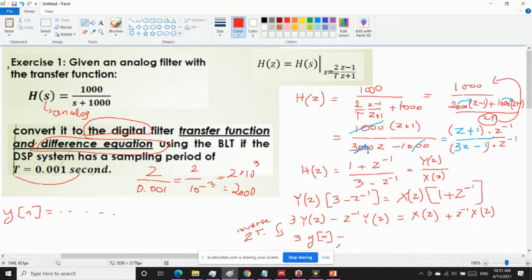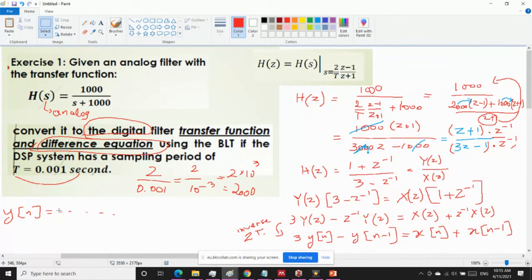See why we had to convert to negative? We multiplied by this to make the powers negative so we can apply the shift theorem; if we left it positive we could not use it. Now this is basically the past value of y, y[n minus 1], shifted by minus 1. Then this is x[n], and this is exactly the same thing, x[n minus 1].